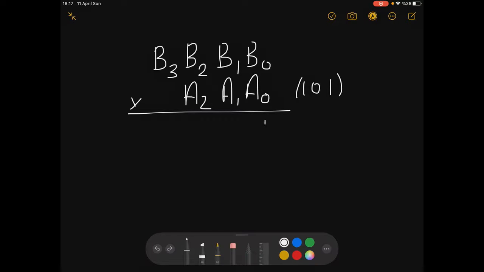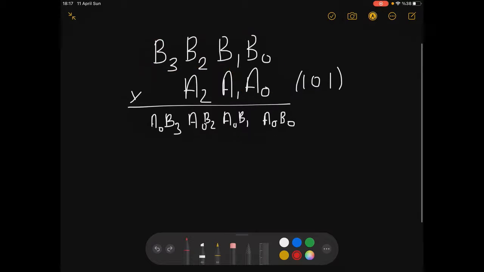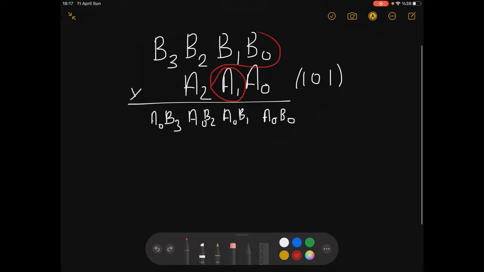What you have here will be A0B0, A0B1, A0B2, A0B3. So I make this multiplication, and I do it for this one.